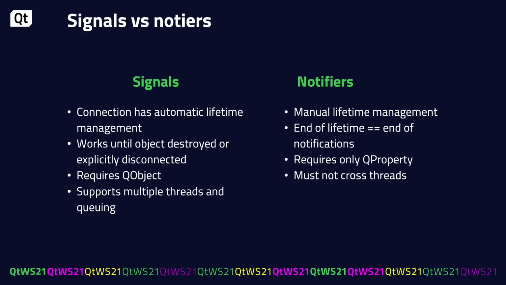On the other hand, the notifier works with any property class and can thus be used outside of a QObject, whereas signals are inherently tied to QObject. A further advantage of signals is that they can be used across multiple threads and that you can use queuing. Notifiers do not support that, and like bindings, they must not cross threads.